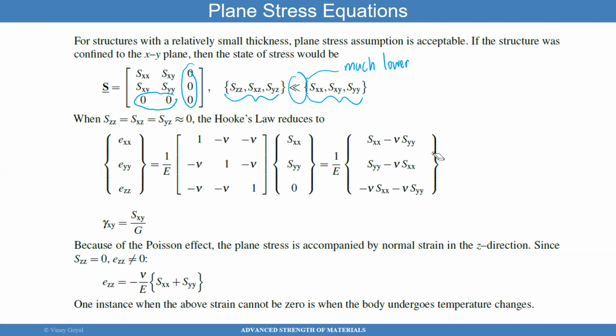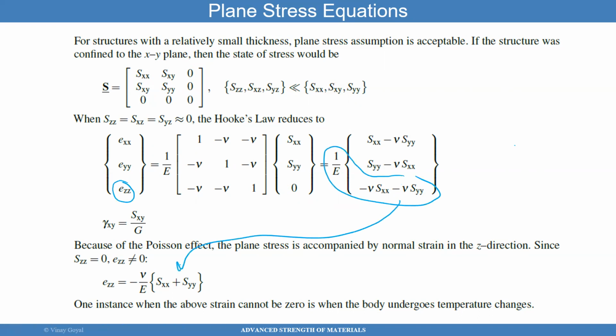Because of the Poisson effect, although the stress in the z direction is close to 0, you do get a strain associated with the z direction. That strain is going to happen.